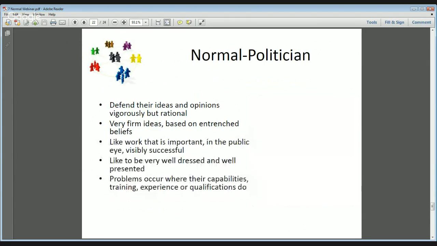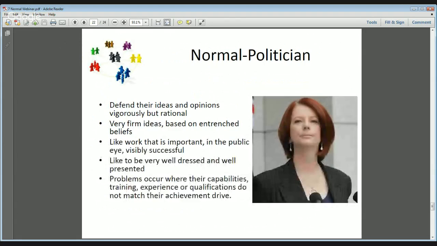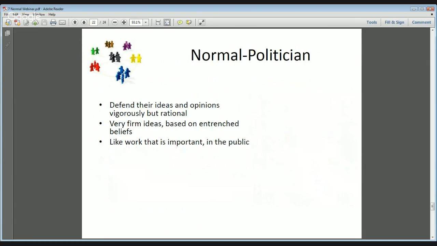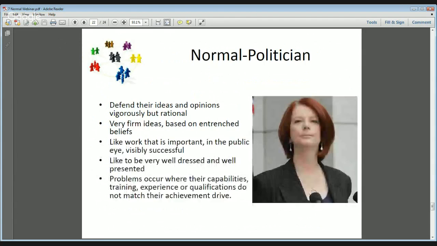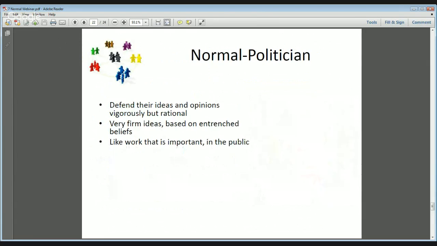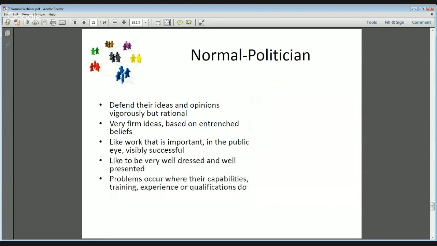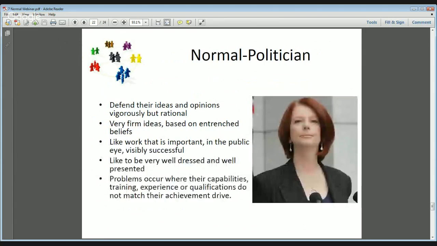Problems they have occur when their capabilities, training, experience or qualifications don't match their achievement drive. And one can see that as a fault with Julia, in the sense that the issues that came up, which were outside her range, the road to hell is paved with good intentions. She'd make decisions where a bit of waiting would have been excellent.